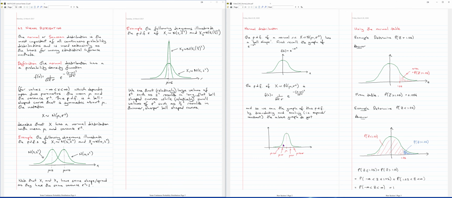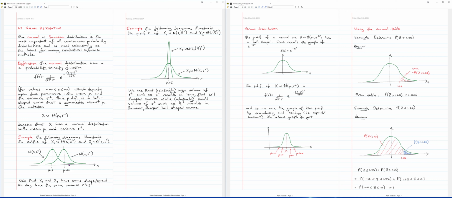Let's look at a couple of cases of what the PDFs of a normal distribution would look like. These are two different random variables, each with a normal distribution.